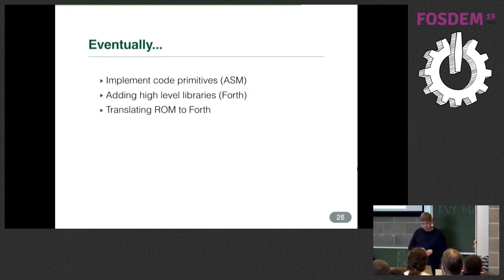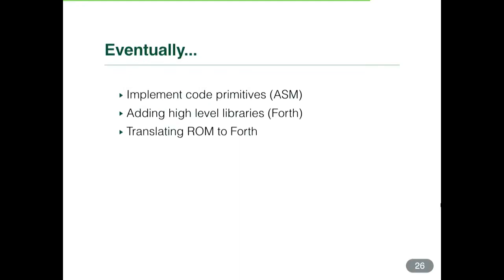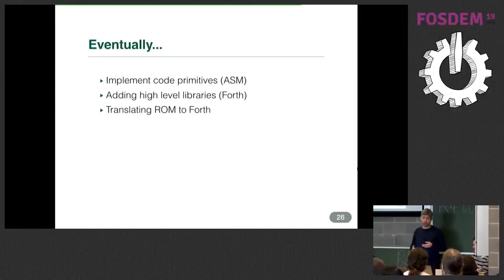So we started working on this. The idea is that at some point we redefine the colon word that usually creates a new definition into something that collects the definitions that you wrote for later compilation to the Game Boy. And slowly we added code primitives in assembler, basically defining what swap does, what plus does, and so forth.